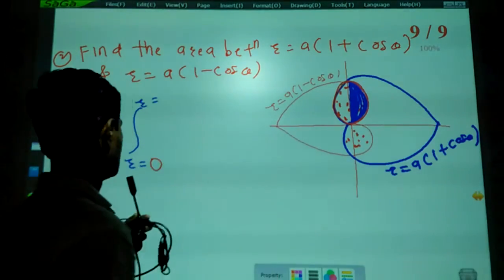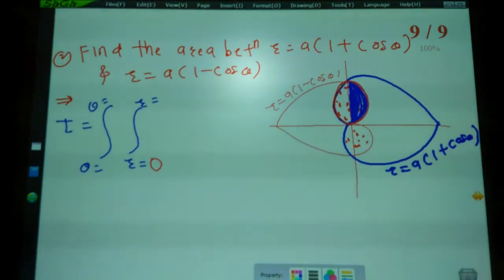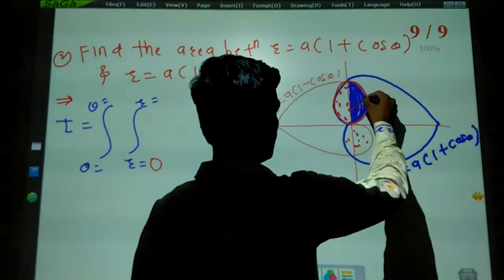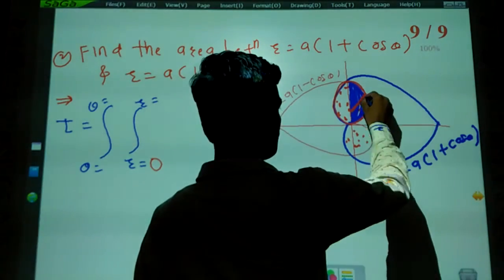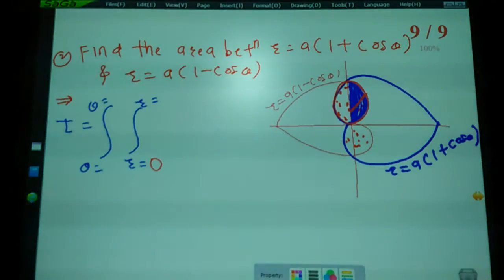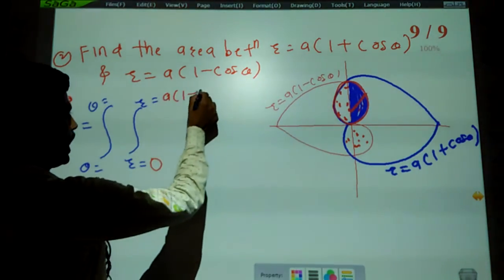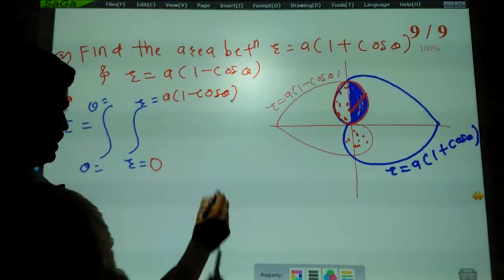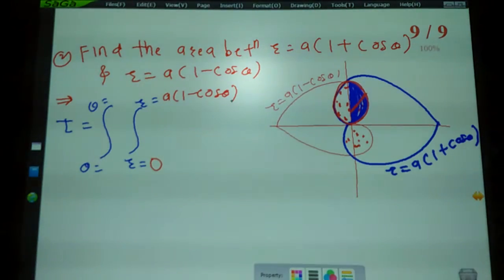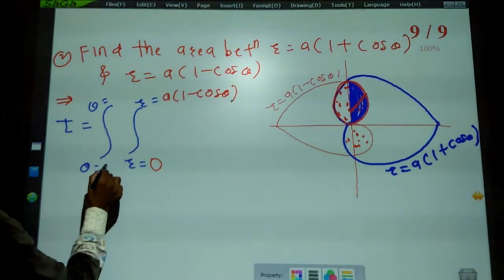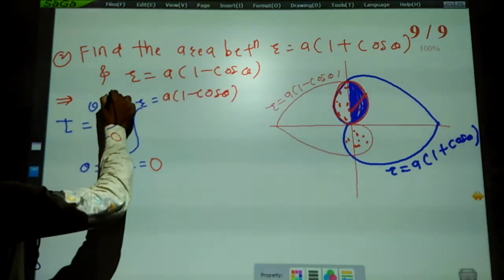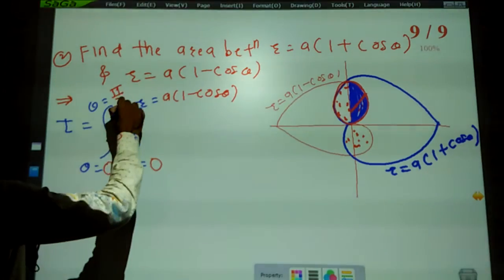Okay, so r goes from 0 to the end point of this half circle, that is r is equal to a into 1 minus cos theta. r is from 0 to a times 1 minus cos theta, and in the first quadrant the angle covered is theta equal to 0 to theta equal to pi by 2.